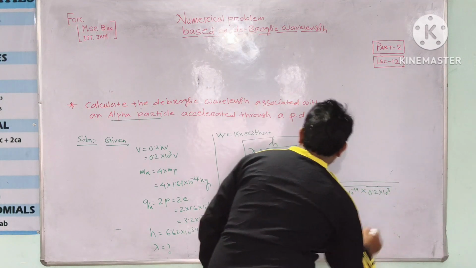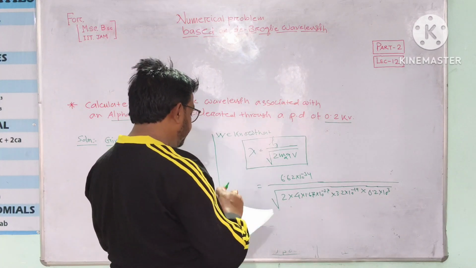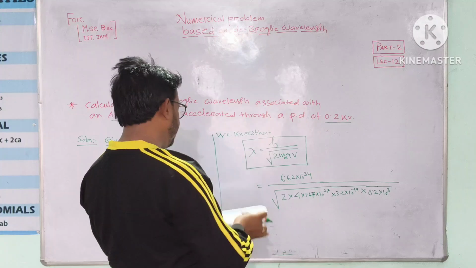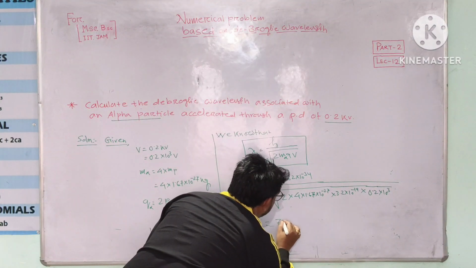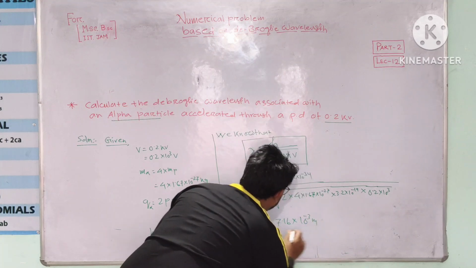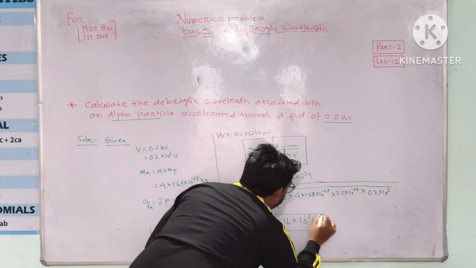After solving this part, we will get 7.16 into 10 to the power minus 3 meter. So this is our required wavelength of the alpha particle.